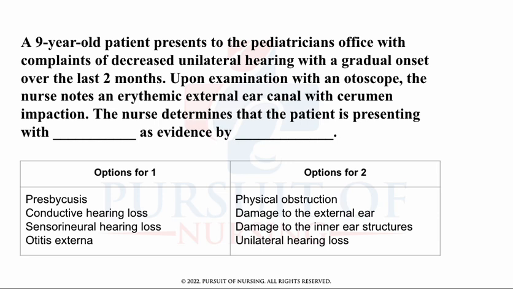The nurse determines that the patient is presenting with blank as evidenced by blank. So, is this 9-year-old patient presenting with presbycusis, conductive hearing loss, sensorineural hearing loss, or otitis externa? And what is the evidence to support your decision? Is there a physical obstruction? Is there damage to the external ear, damage to the inner ear structures, or is there unilateral hearing loss?